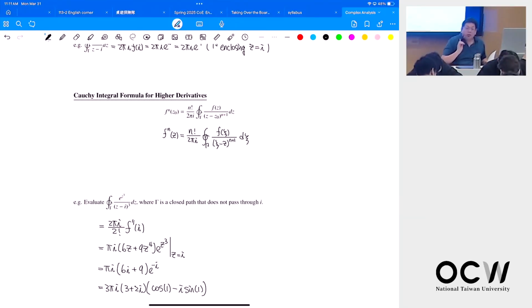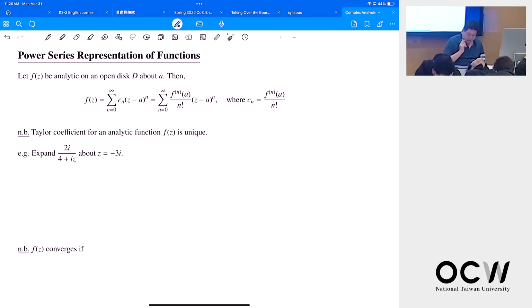All right. So next we're going to talk about the power series representation of the complex function. F is analytic. Again, that means F is differentiable on the open disk D about a. Then I can write the complex function by the power series, the sum from n equals 0 to infinity, of coefficient times z minus a to the n, the nth power.